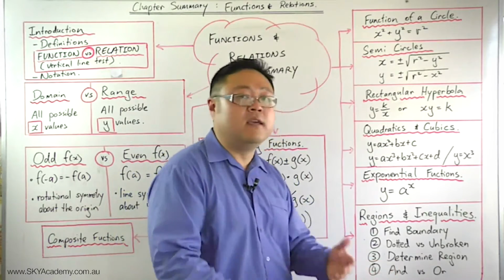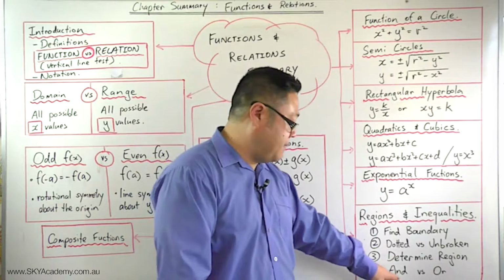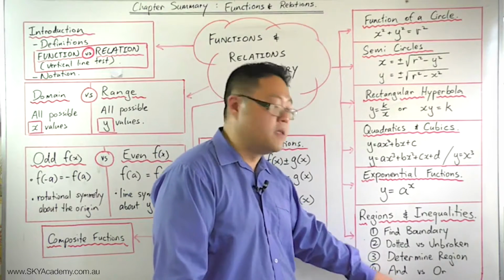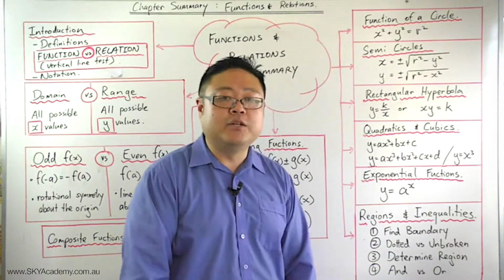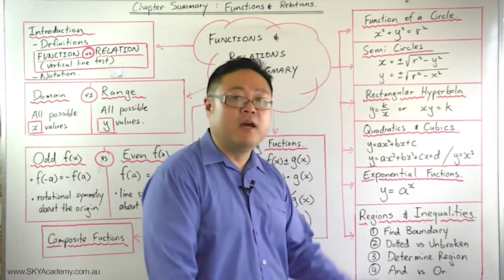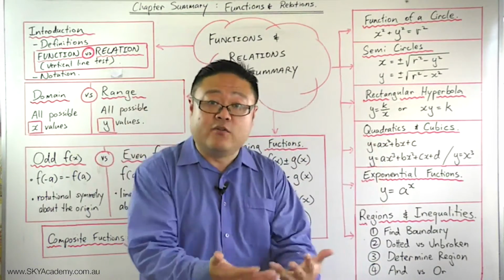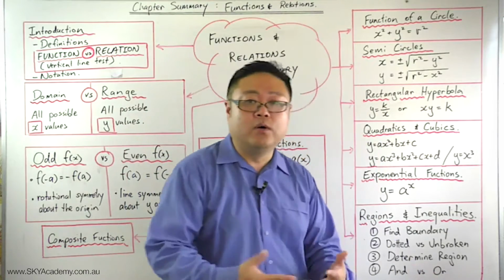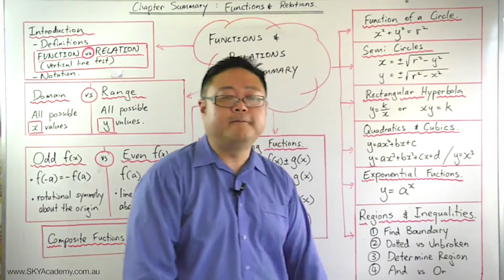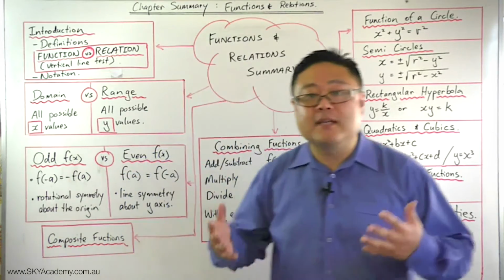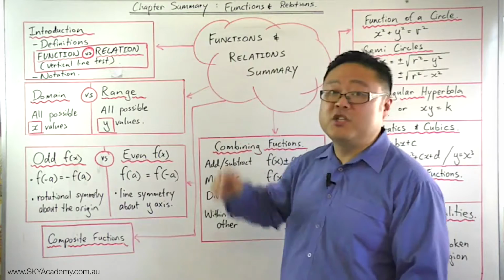If you're working out the intersection, you're looking for words like 'and', as in graph the region between this inequality and this inequality. Whereas if you're considering the union, you're looking for words like 'or'. So that's basically a summary of functions and relations.